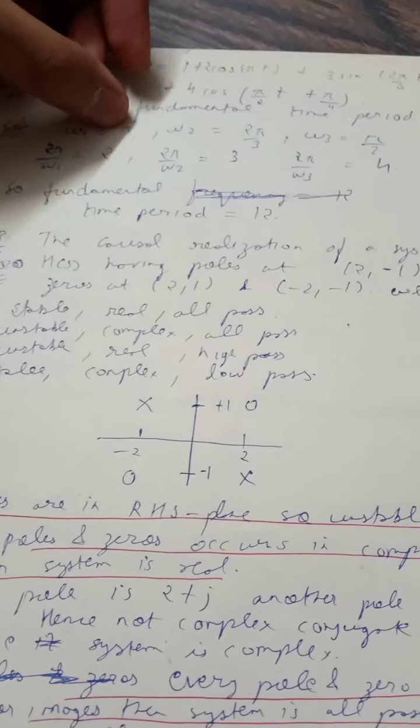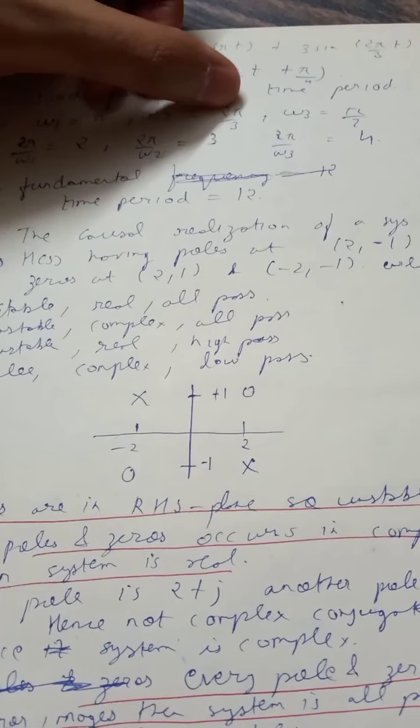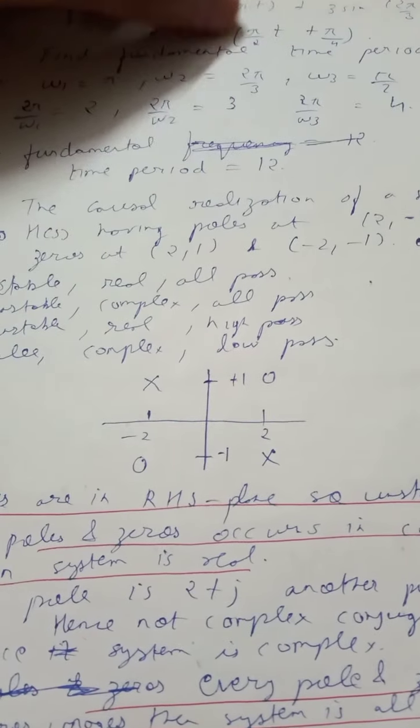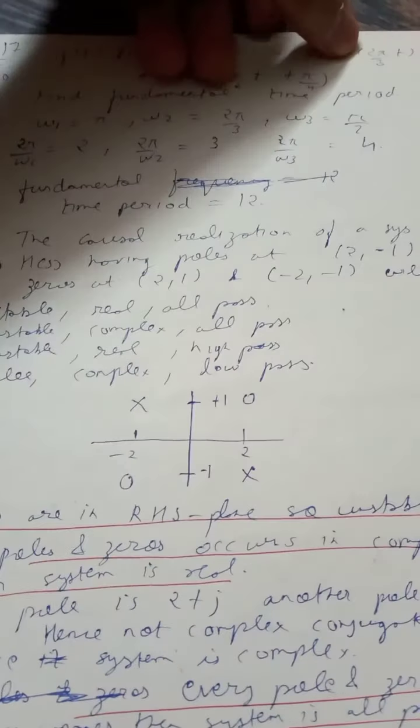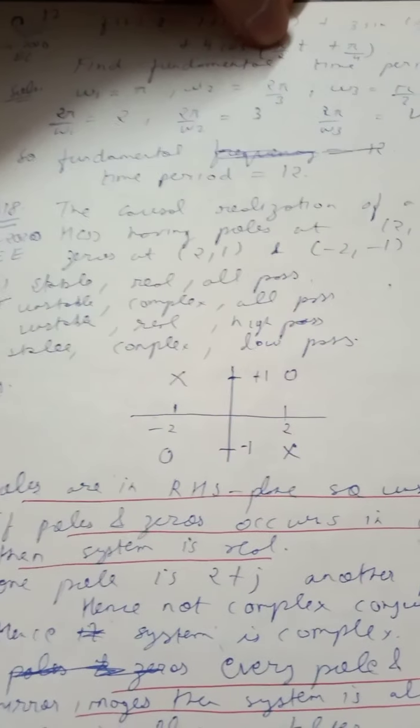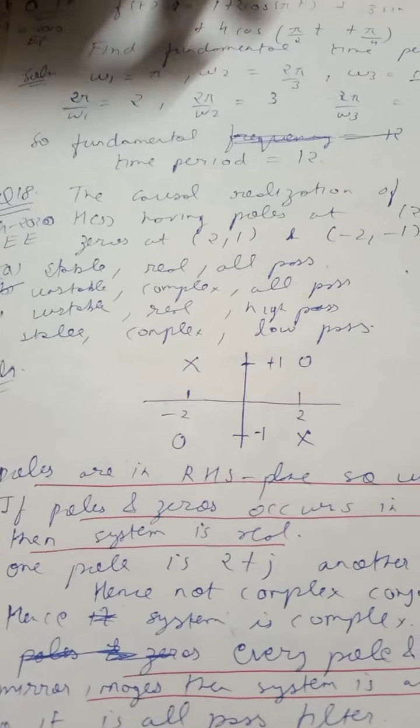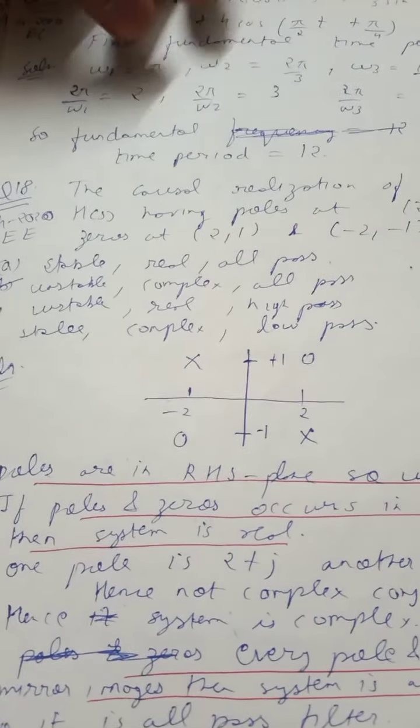So omega 1 is pi, omega 2 is 2 pi upon 3, and omega 3 is pi upon 2. So 2 pi upon omega 1 is 2, 2 pi upon omega 2 is 3, and 2 pi upon omega 3 is 4. Now just take the fundamental time period, which will be 12.